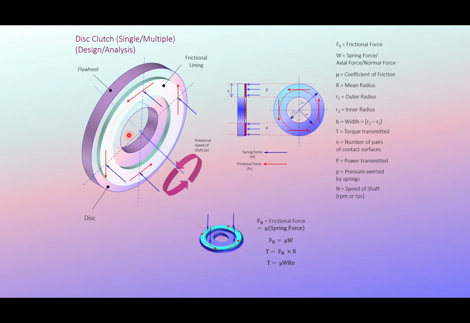Now, the frictional force is equal to the product of mu R_n or mu R. Mu is the coefficient of friction, and R is the normal reaction, these normal forces here. I hope you all can get it. You can see here you have pressure distributed onto this frictional lining.